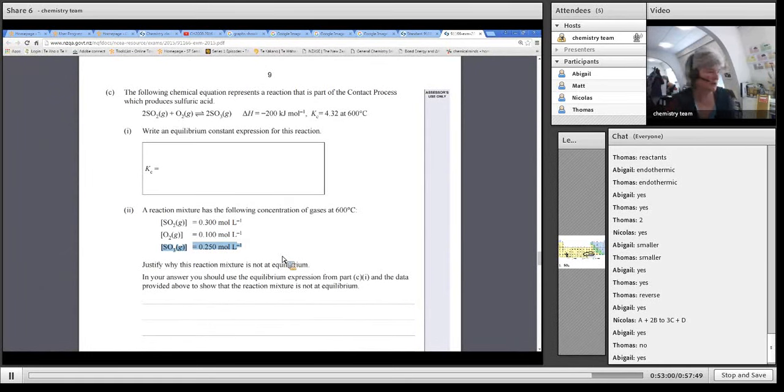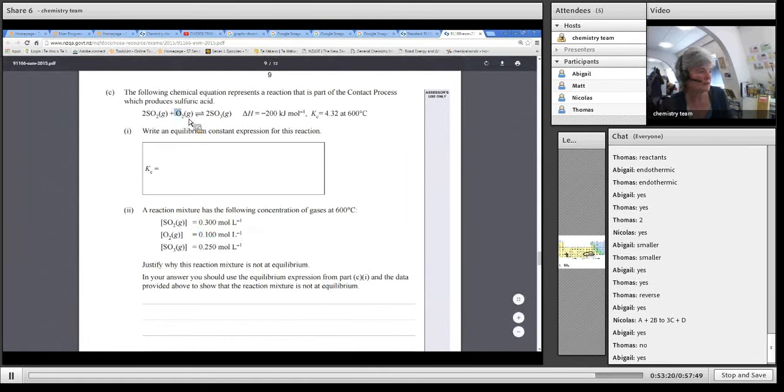Don't forget that one. Then you'd do the same thing, you'd square your SO2. Did you get 0.09 for that? And you multiply it by the oxygen.